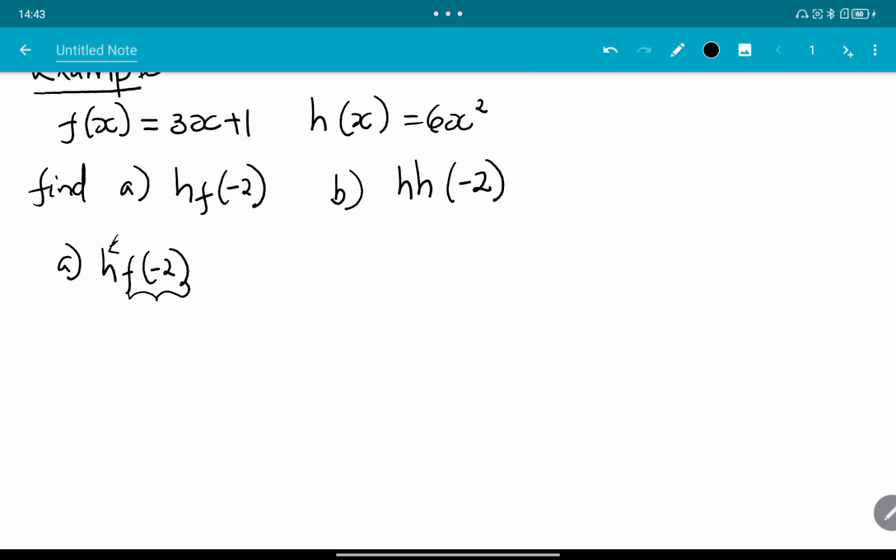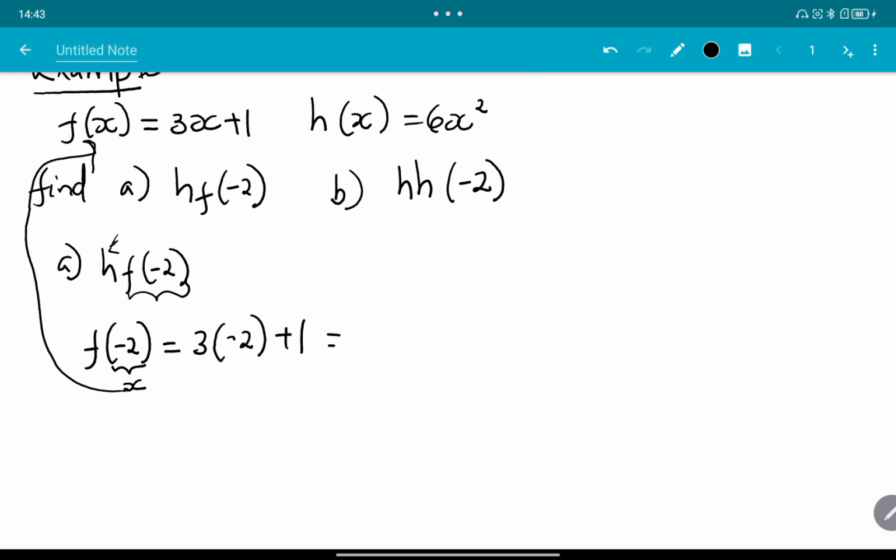So f of negative 2 simply means this negative 2 represents the x that was in f of x. So where there is x, you put the negative 2. So I'll have 3 into negative 2 plus 1. That is negative 6 plus 1, which is negative 5. That is our f of negative 2.